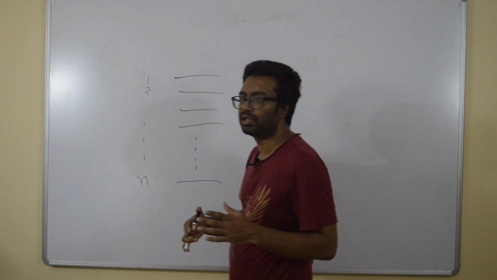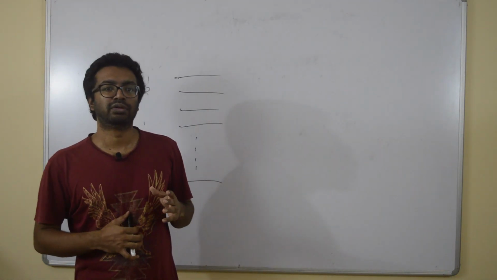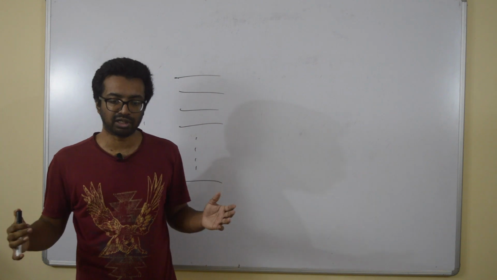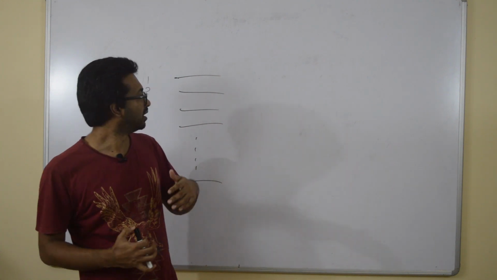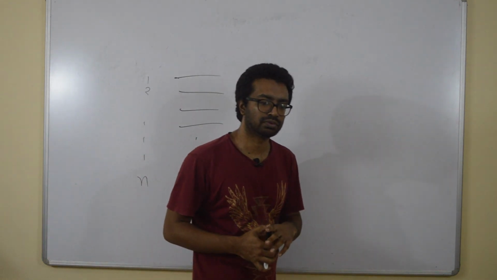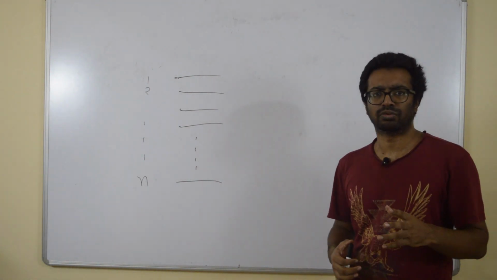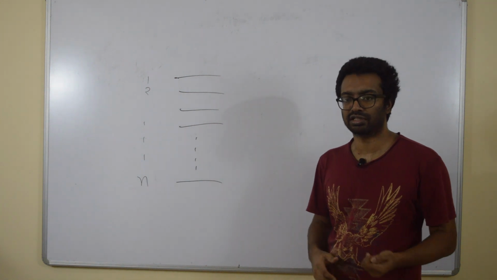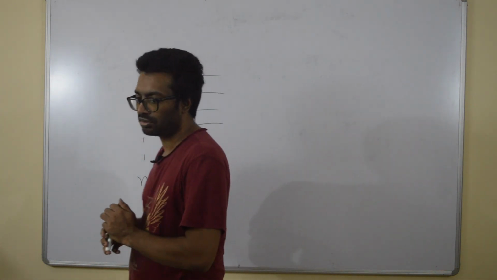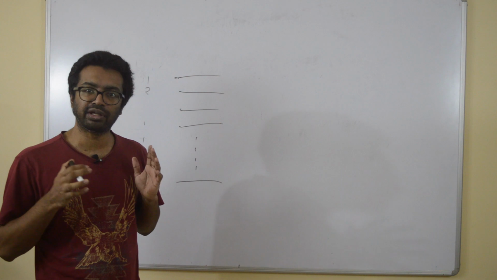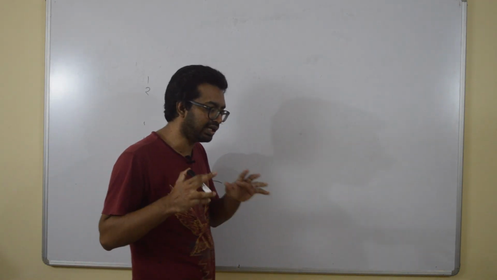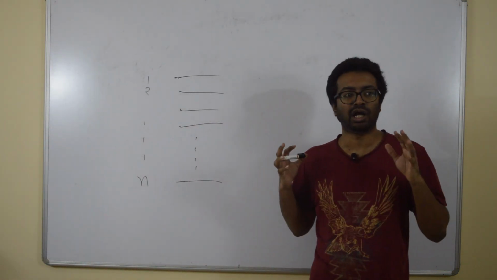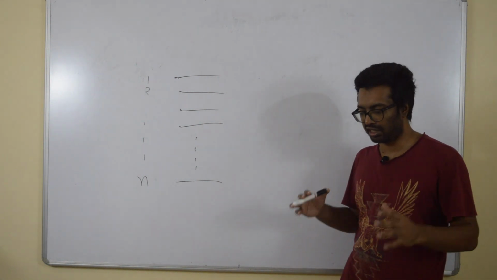What is the possible number of interactions in this setting? Do you know the answer? So there are n lines, and we are saying that any line can affect any other line. In such a scenario, how many different interactions can happen?